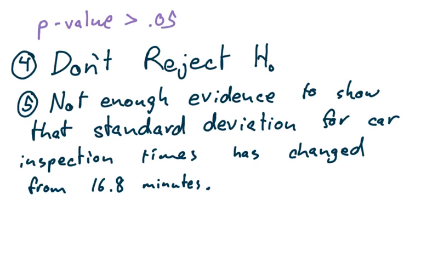It was 16.8 in the previous study. We haven't unearthed any evidence that it has made any significant changes. And so that's all we're going to say. No evidence that it changed. That's it.